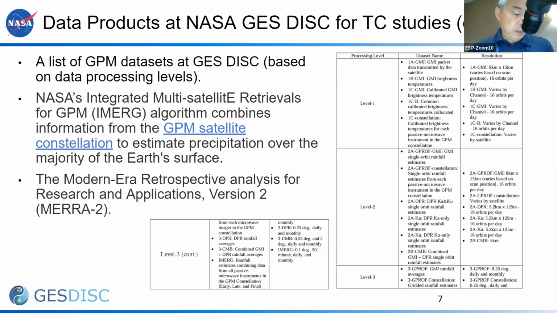So IMERG has been a very popular GPM product suite. It contains 3 data collections, early, late, and final, with different latencies for different applications. So the Modern Era Retrospective analysis for Research and Applications MERRA-2 products are also very popular for tropical cyclone research.